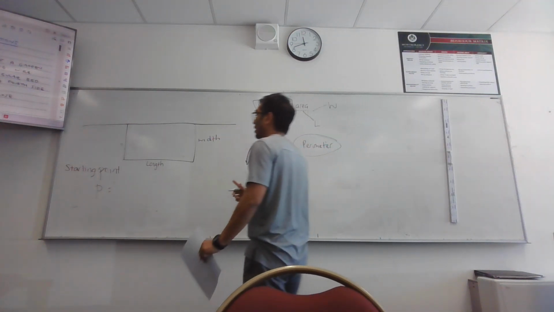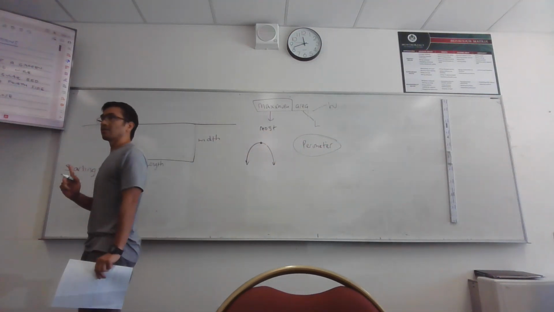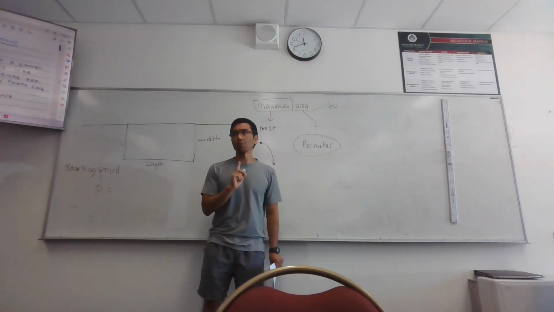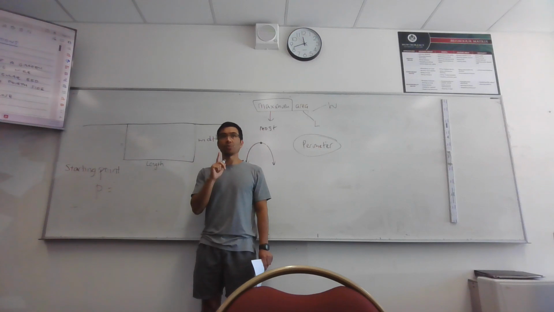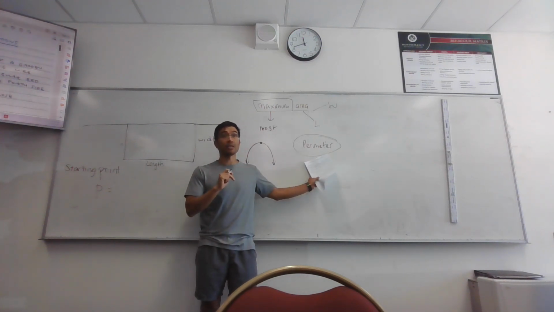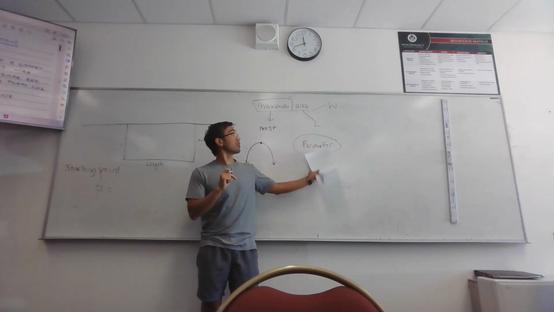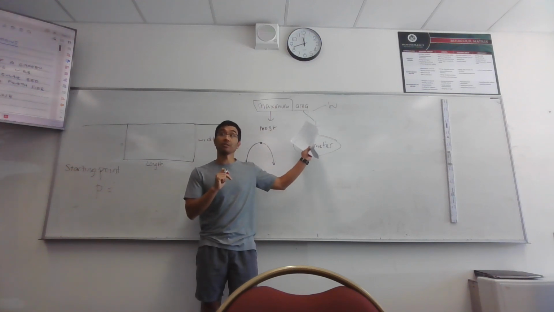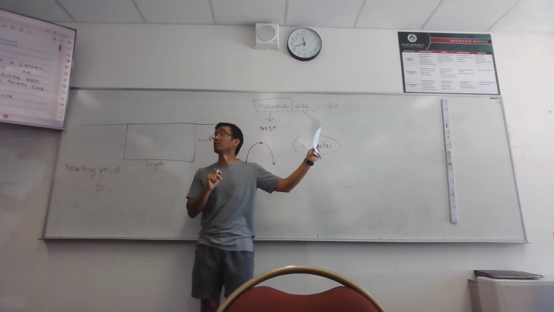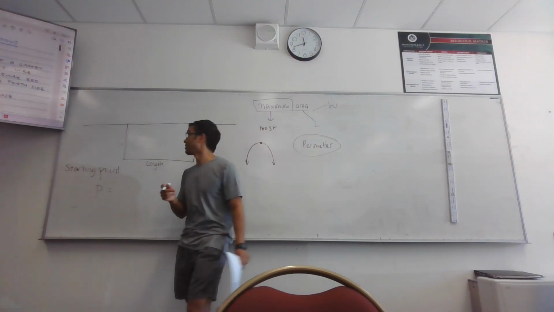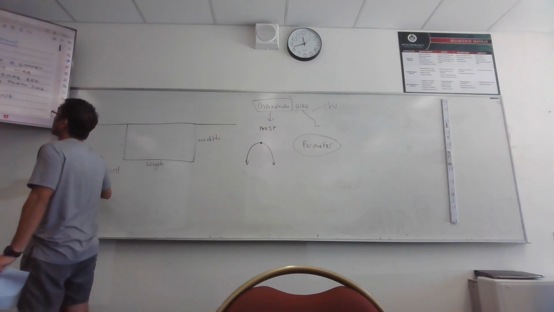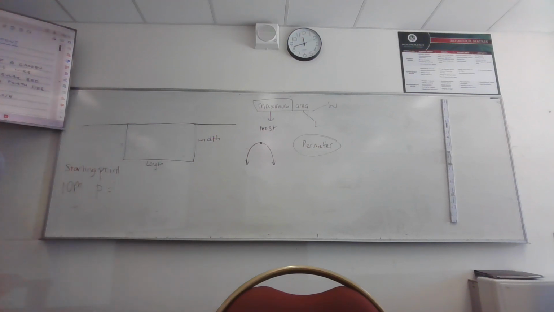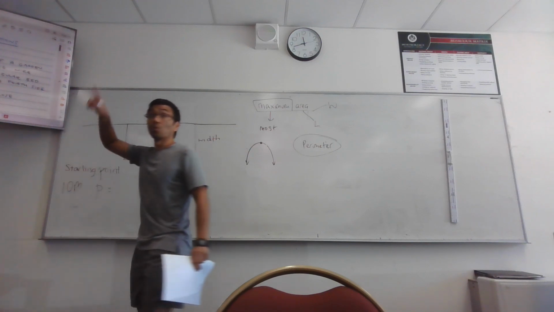I'll put here a clue of perimeter. Now, can someone tell me why perimeter is important in here? What's the thing in the question that is asking us to focus on perimeter, even though this question's about area? It has 10 meters. Because Zach has said, I can see 10 meters of fencing wire.